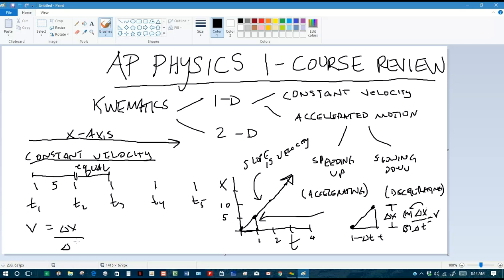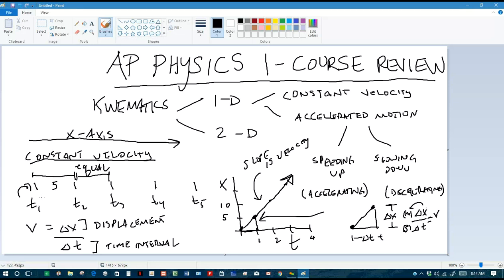One really important idea: velocity is always delta x over delta t, where delta x is a displacement and delta t is the time interval required for that displacement.